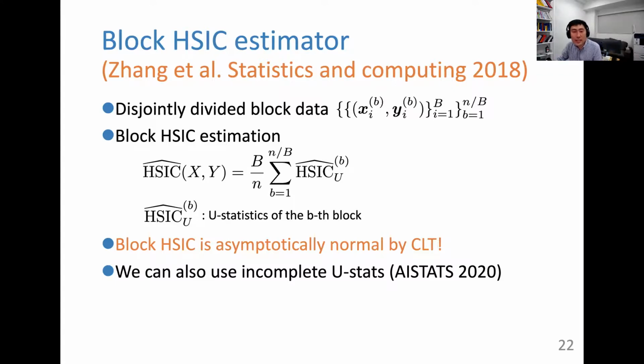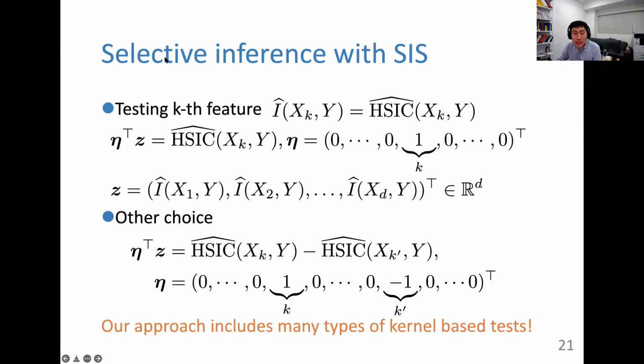The estimate doesn't have to follow the multivariate normal distribution, but actually we have a simple solution. Just go back. Until now, we simply assumed the HSIC values follow the multivariate normal distribution, but it depends on what kind of HSIC estimate we are using.